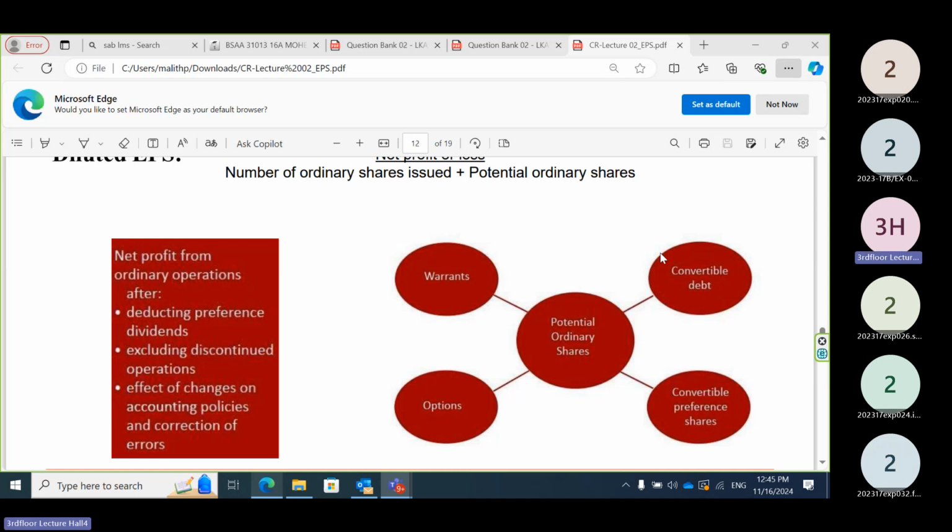In the basic EPS denominator, we use ordinary shares. But as at the reporting date, we have some other shares that will be considered in this denominator within another 5 years.